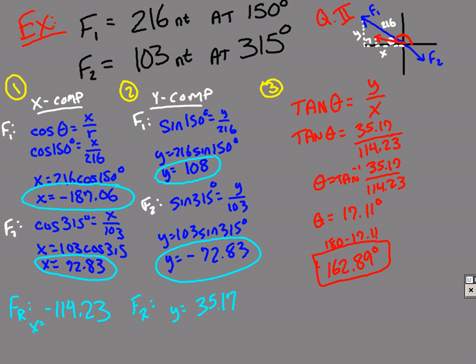So that's part 3. Now, the last part, part 4, is where things get a little bit trickier. We have a couple options though to find our length. The first one is to use sine. Sine of theta is equal to y over r. Well, we know what y is from down here. We don't know what r is yet.